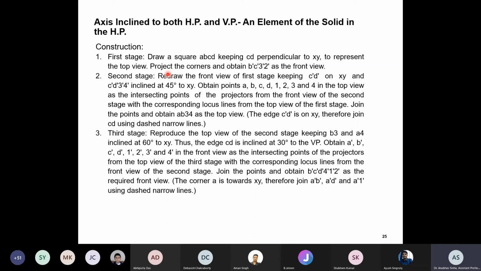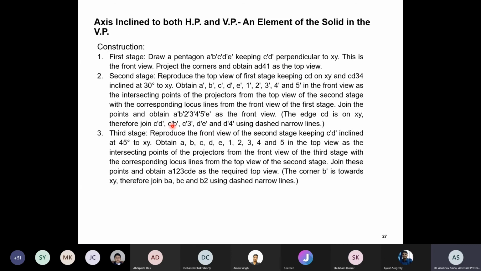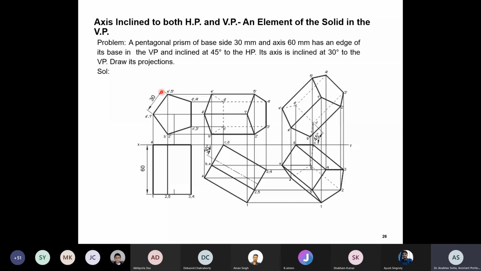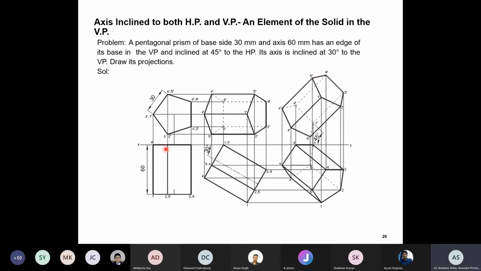Okay, and you draw the top view. Make the top view, and from the top view, make the front view. Obtain the front view. Is it clear?